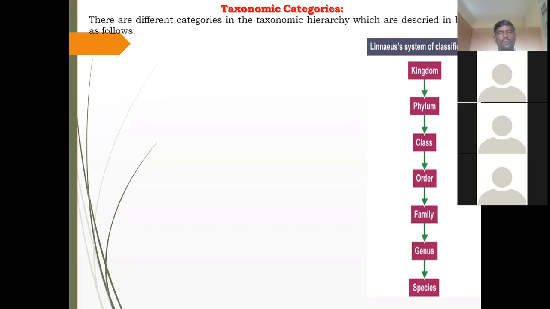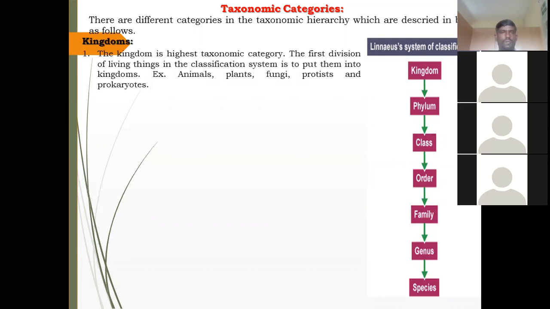In that we know the taxonomic category means there are different categories in the taxonomic hierarchy, which are described as below. For example, first one, you can just observe, these are the important categories described by Carl Linnaeus for the classification.